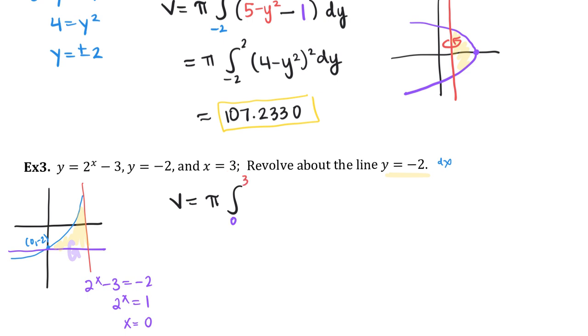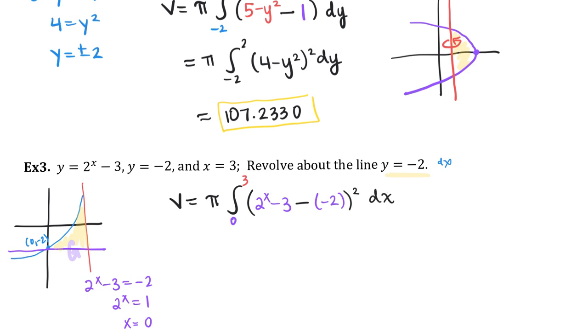Okay, the radius is the farther y minus the lower y. The farther y is the 2 to the x minus 3. Minus the closer y is the negative 2. And then because this is a radius, I'm going to square it, dx.